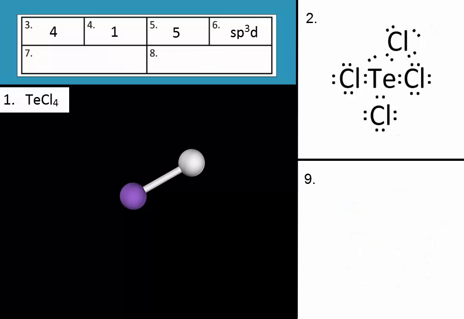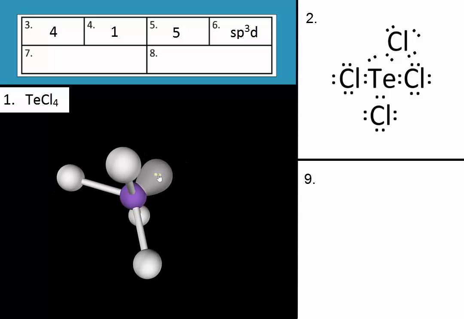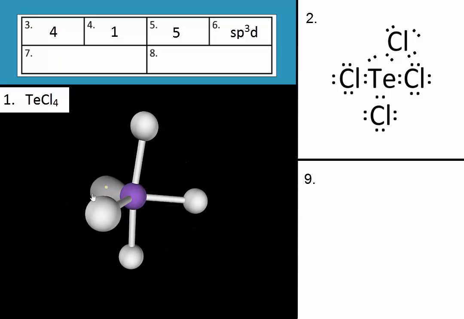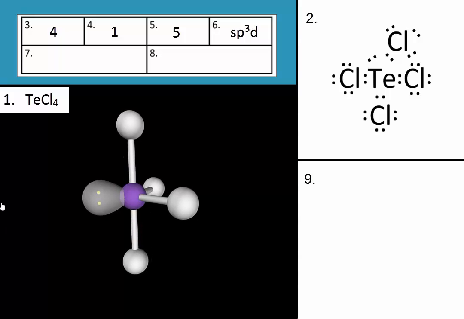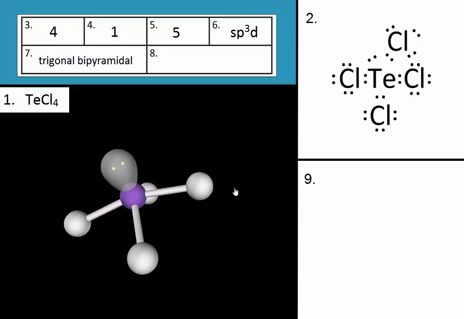Now moving on, I am going to quickly build our next example, which is tellurium tetrachloride. It too has a hybridization of sp3d, which I hope by now you will match with a trigonal bipyramidal electron arrangement name. Now let's make the lone pairs invisible.